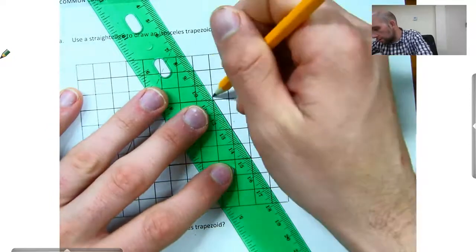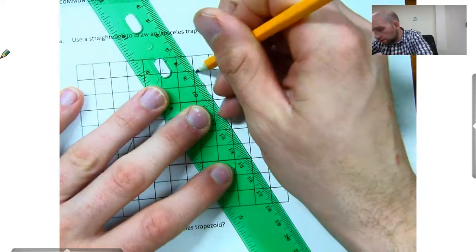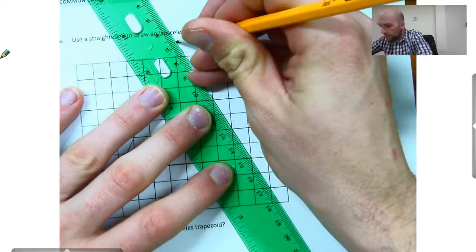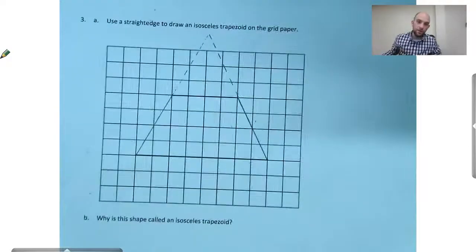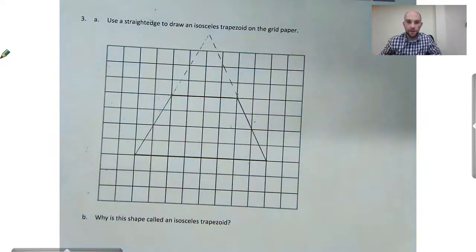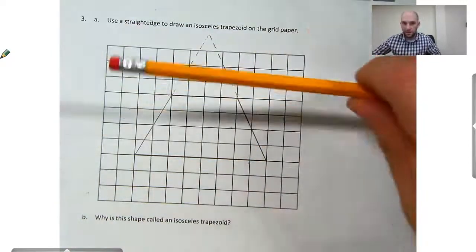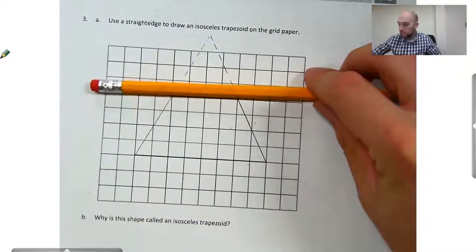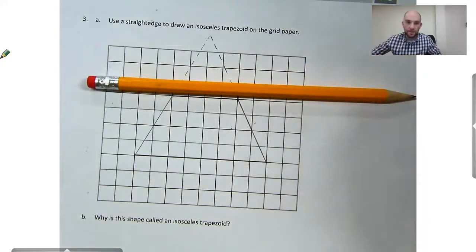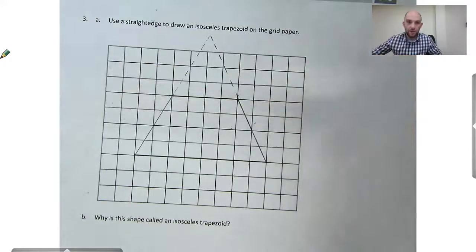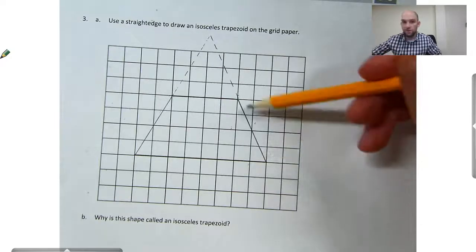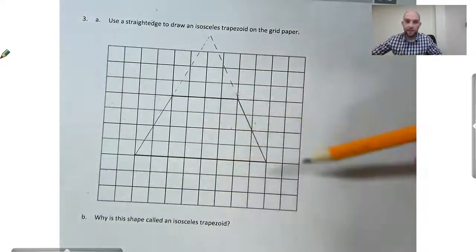We have an isosceles triangle, and if we continue those lines upward, an isosceles trapezoid is exactly the same thing, except it's a trapezoid. It's a trapezoid that has two sides that are the same length, just like an isosceles triangle would be a triangle with two sides that have the same length.